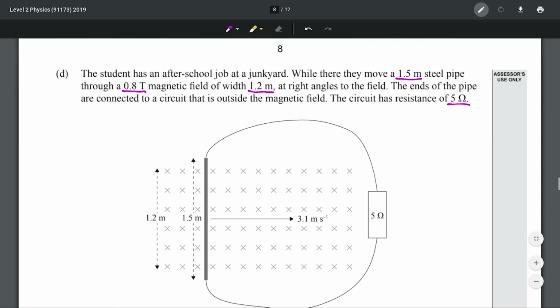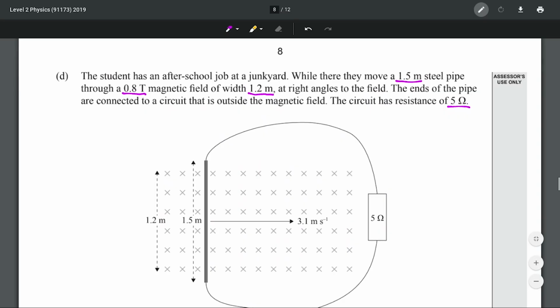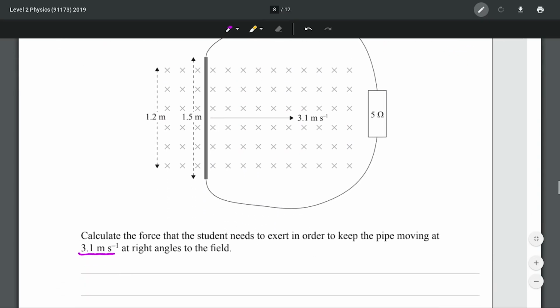So let's begin by writing down all the things that we are given. Now, the length that you want to use is explicitly the length of the pipe in the magnetic field. And so the length of the pipe in the magnetic field is this 1.2 meters.